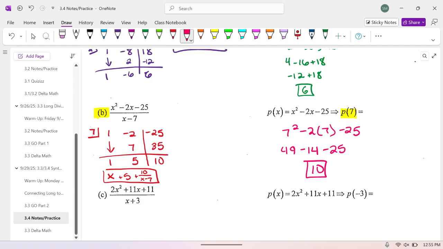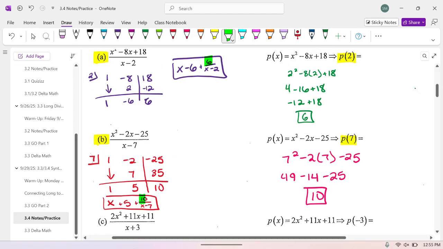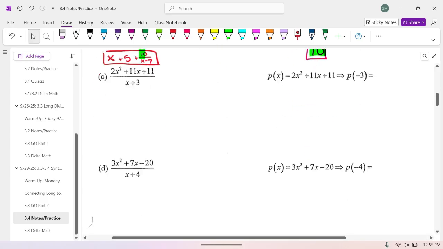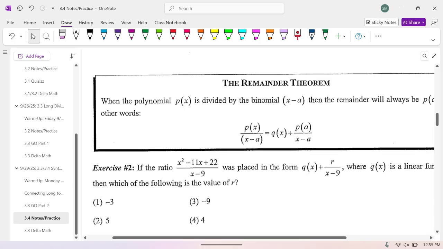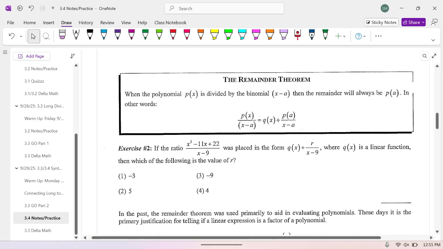All you need to know is the root, because if you plug the root into the original for x, you'll get the remainder every time. And we know it's true because we did it. Here's the remainder here. Here's the remainder here. It's exactly what we got for our answers here. So if we look at the more formalized notes, okay?